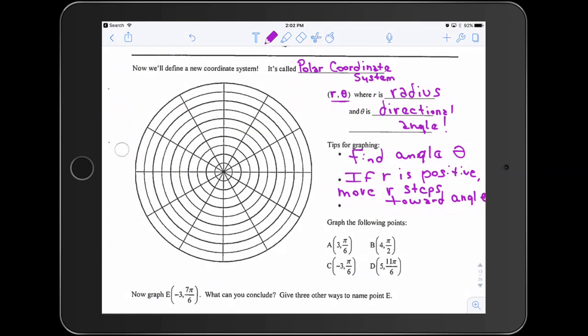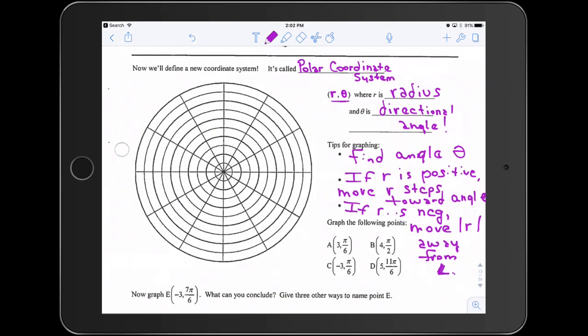And if R is negative, move the absolute value of R away from the angle. And that's my angle symbol right there.